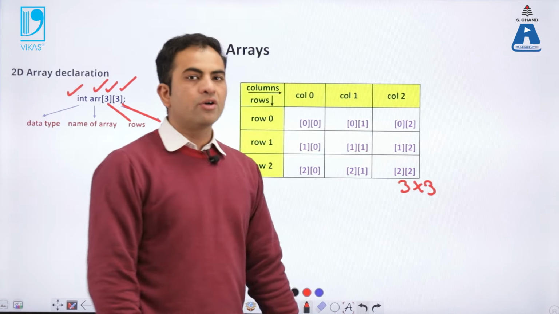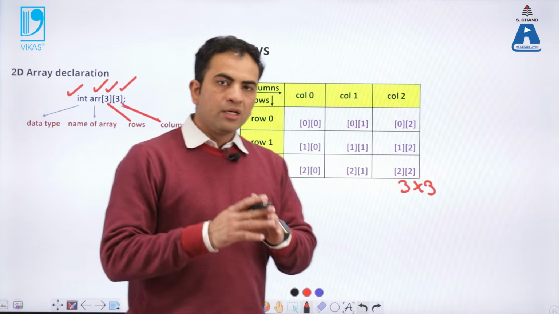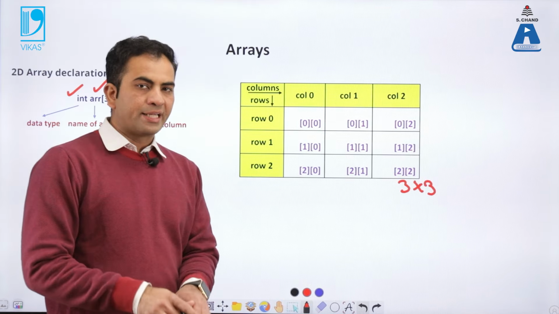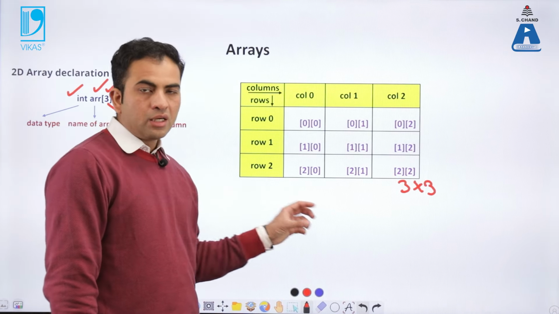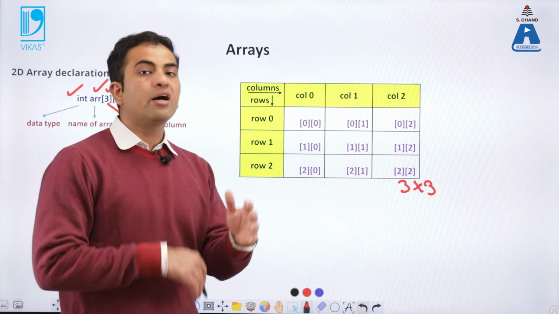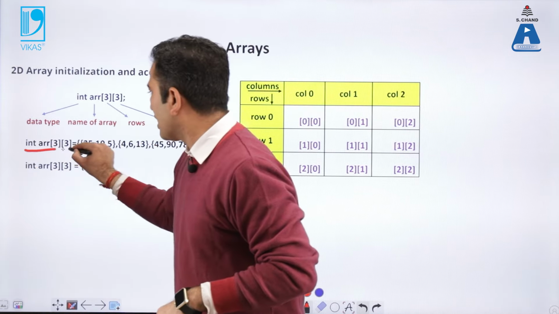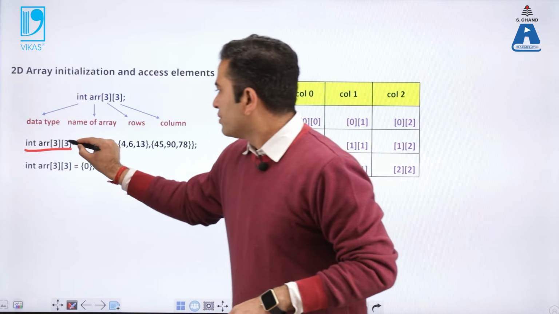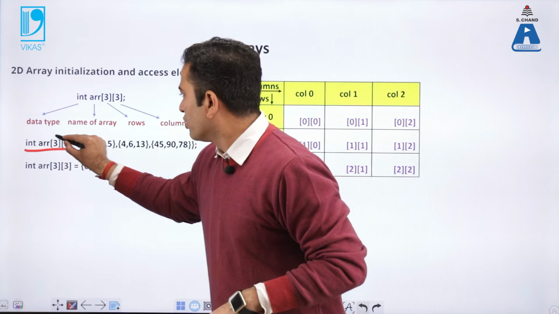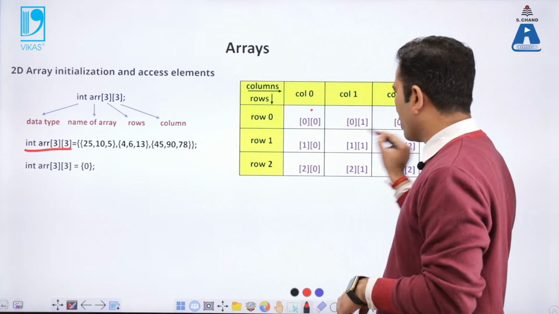So when we work on arrays, either a 1D array or a 2D array, that means we are working on a matrix. So kindly follow the concept of a matrix while working on arrays, and also while working with nested loops. int arr[3][3] means 3 rows and 3 columns.